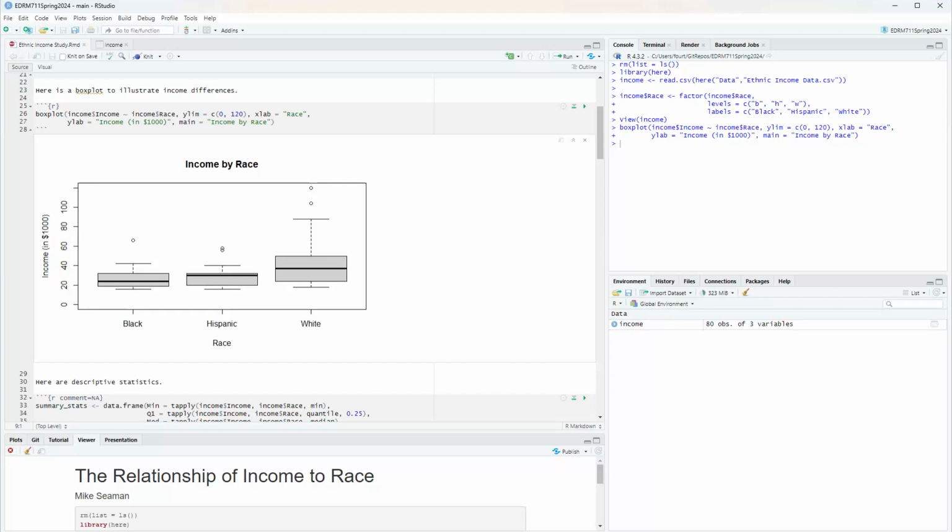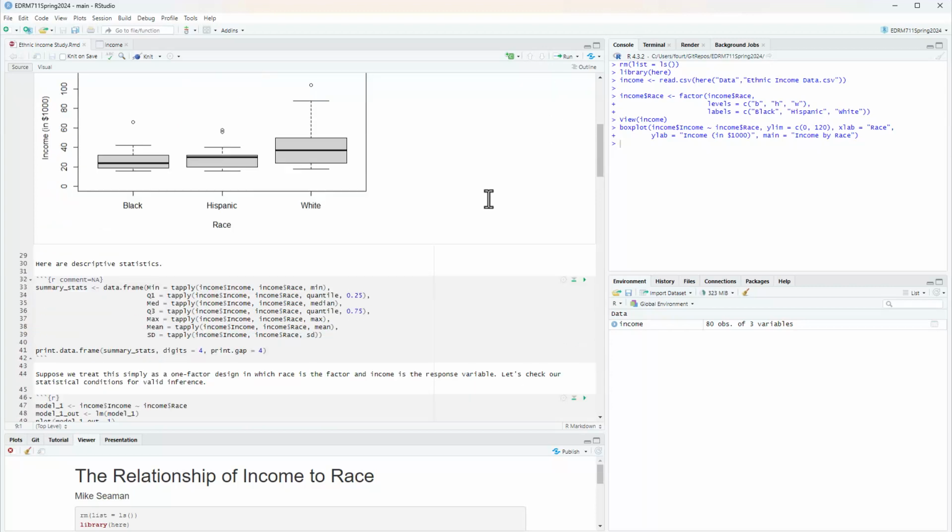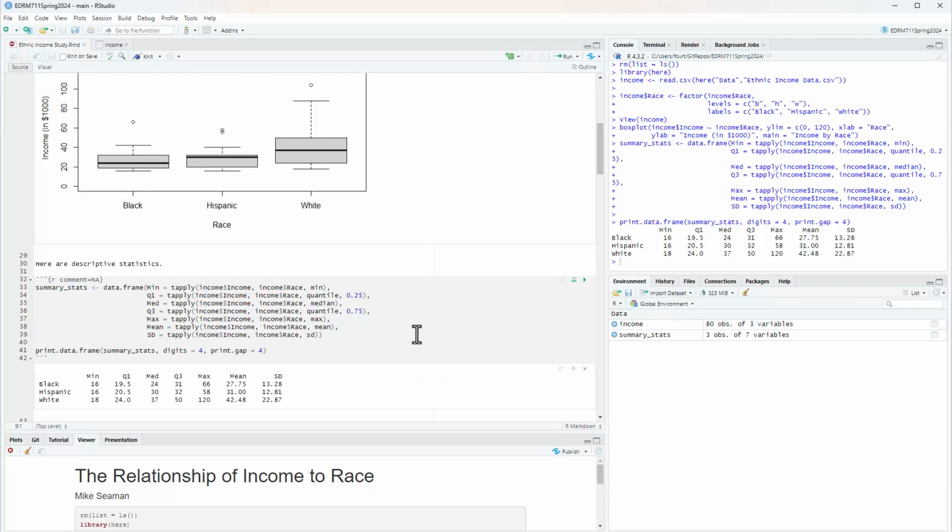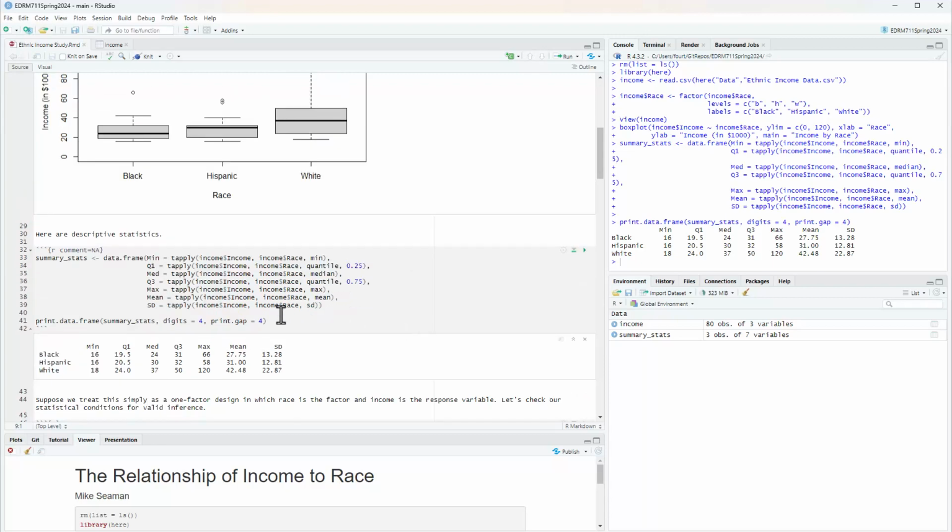I'm ignoring education. And consistent with these box plots, let's create some descriptive statistics down here. I won't go through the commands that I'm using because we have seen these multiple times in previous videos. So I'm going to go ahead and just run this and look, and we have everything you see in the box plots, plus additionally we have a mean and standard deviation.